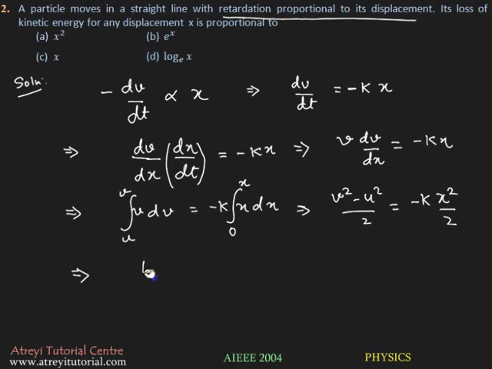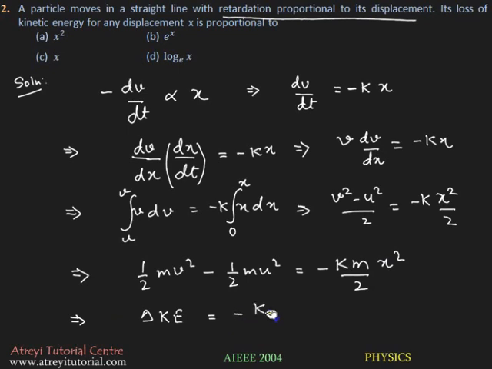On the left side you will get half m v square minus half m u square, that is the change in kinetic energy. On the right side it will be k m x square divided by 2. So the change in kinetic energy equals minus k m by 2 x square.